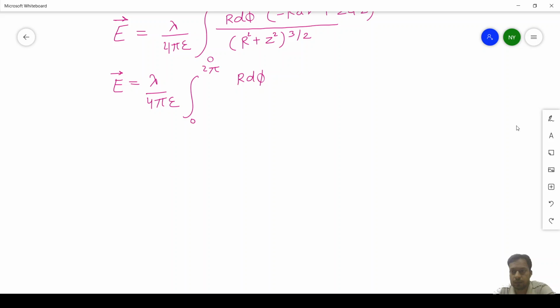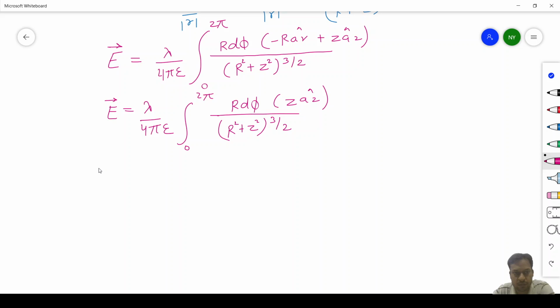So integration of d phi will give 2 pi. So E is equal to lambda upon 4 pi epsilon, and this is r upon r square plus z square power 3 by 2. This is small z, and we have 2 pi. So 2 pi cancels out, we have 2.